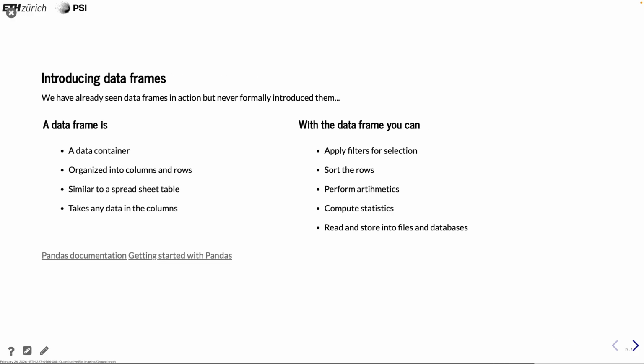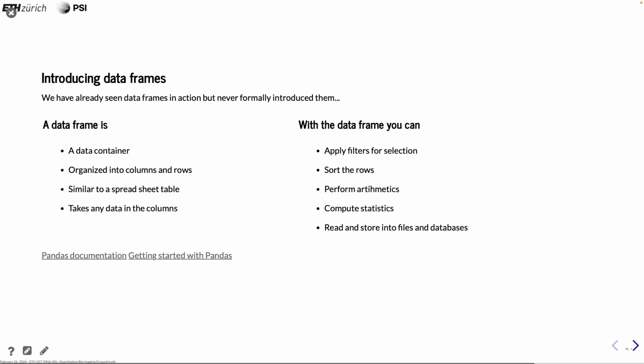So in principle, a data frame is a data container, and it's organized into columns and rows, similar to a spreadsheet. And it takes actually any data. As I said before, you can even take images into these cells in the data frame. With that, you can apply different filters, and you can also do sorting.